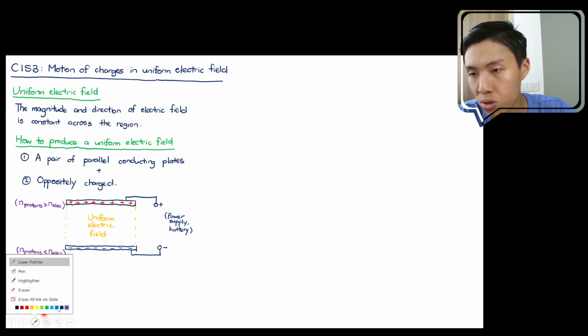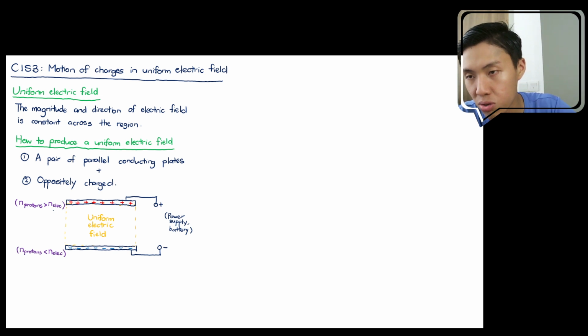So if you want this plate to have more electrons and this plate to have fewer electrons, you need to ensure that there are electrons going from this plate to this plate. Maybe this way of writing is a bit confusing, so let's use an arrow like this.